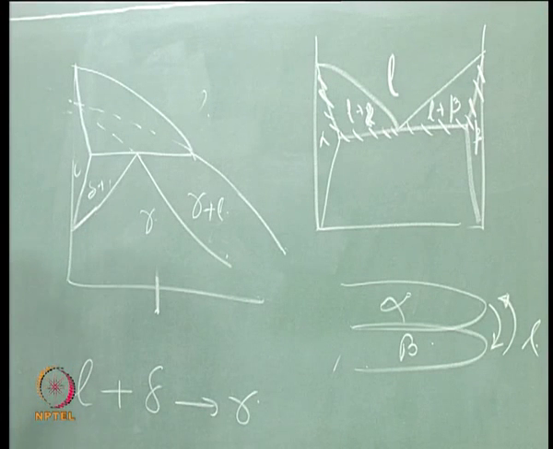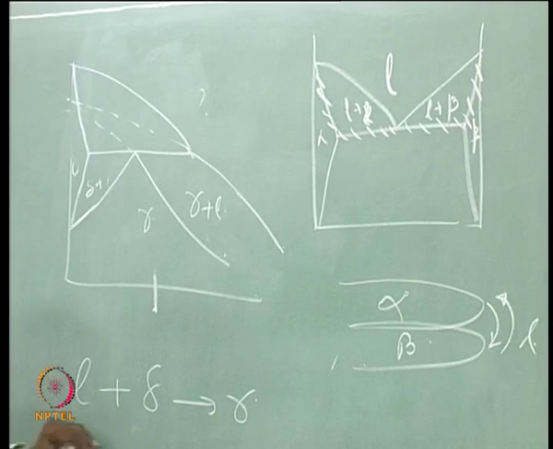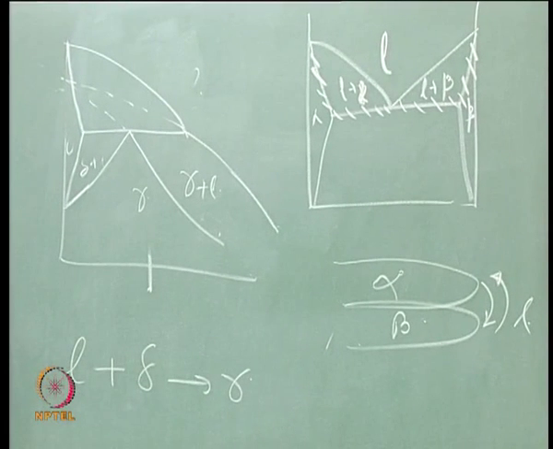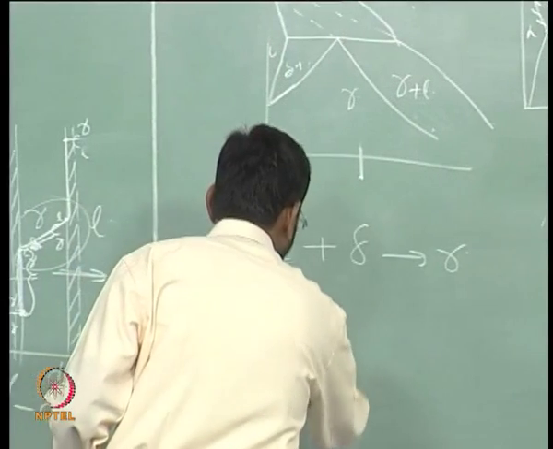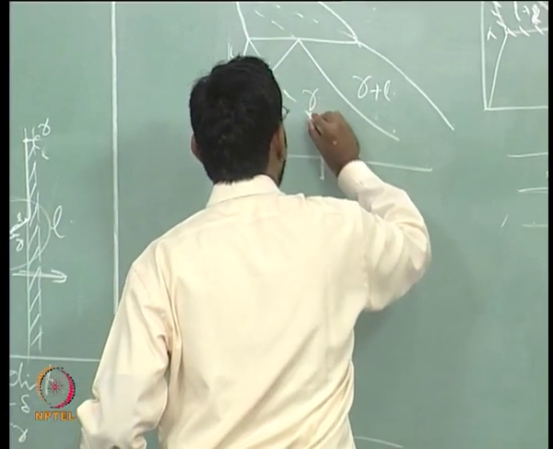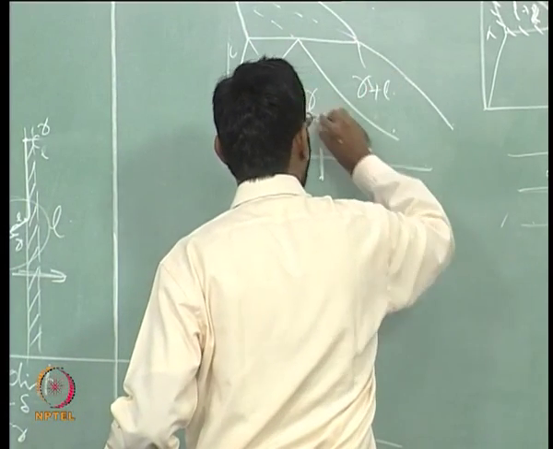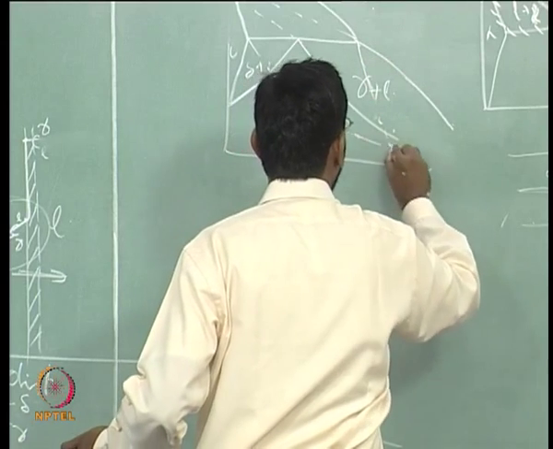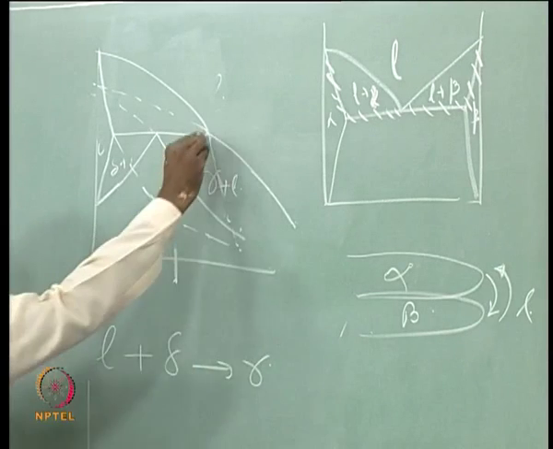So, what we see is that whenever this reaction is very difficult, the system chooses any one of the two cases, either it will become like this, or, if I draw, maybe here itself I will do, you will reach a situation something like this.